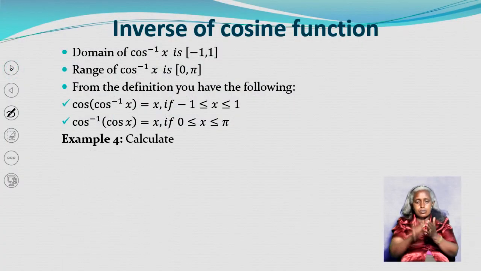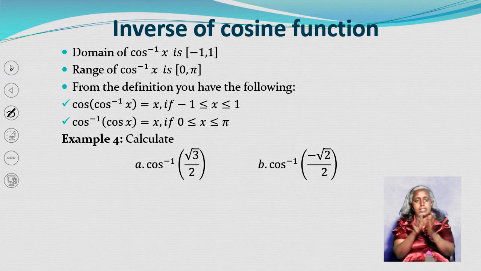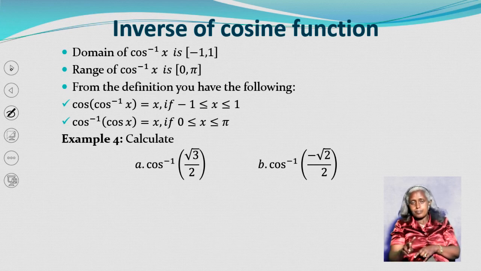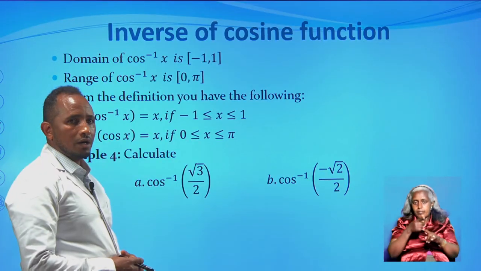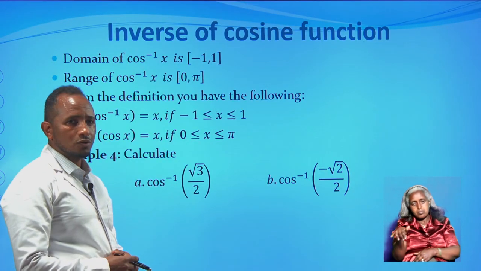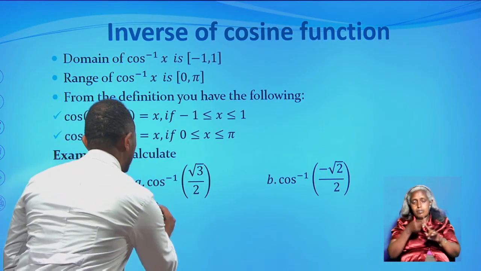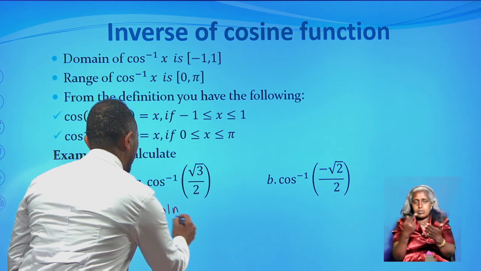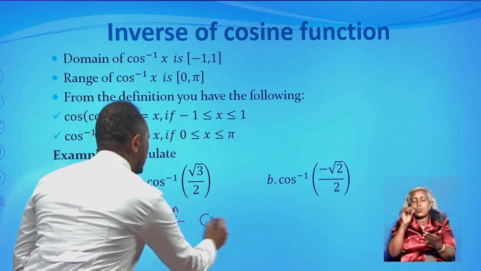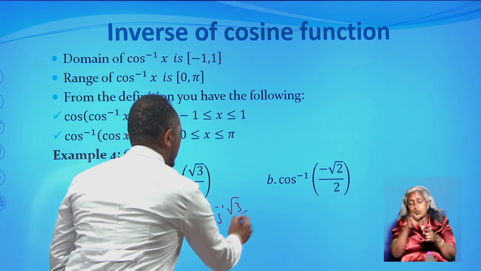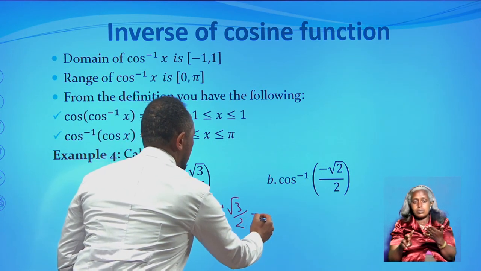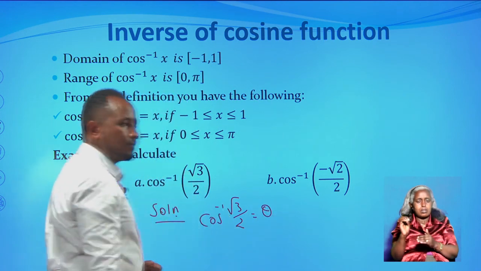So let's see an example here. We are asked to calculate cos inverse of root 3 over 2. We'll continue with the same procedure as we did for sine inverse. Solution: cos inverse of root 3 over 2 is equal to theta, assumed to be theta.